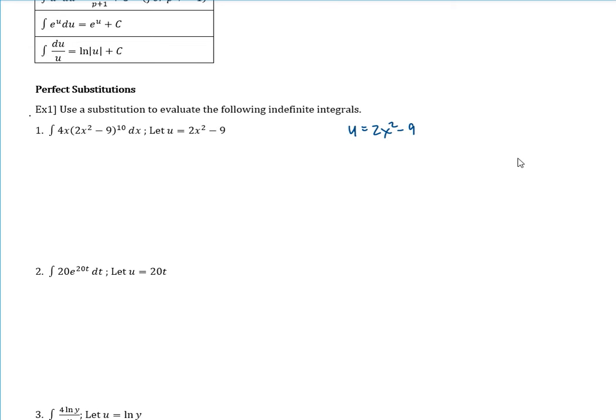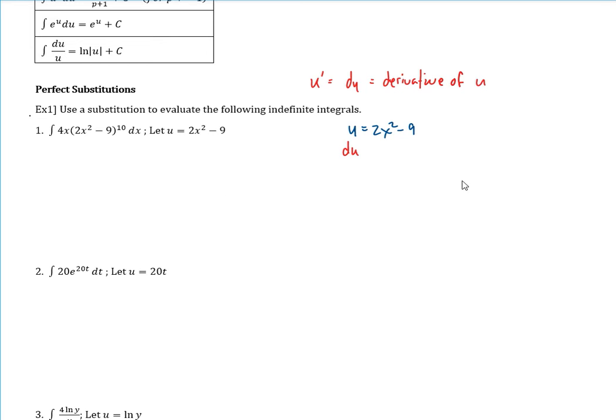As soon as we find u, we're going to find its derivative, and the way that we mark it is du. So this is the derivative of u. You could also say it's u prime if you prefer, but often we use du for these scenarios.